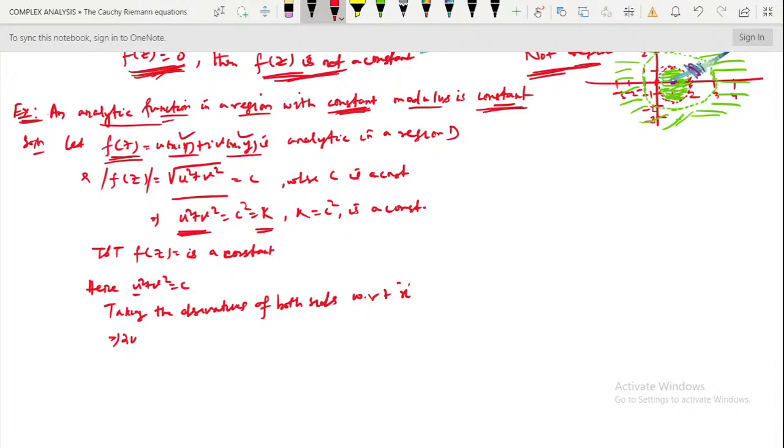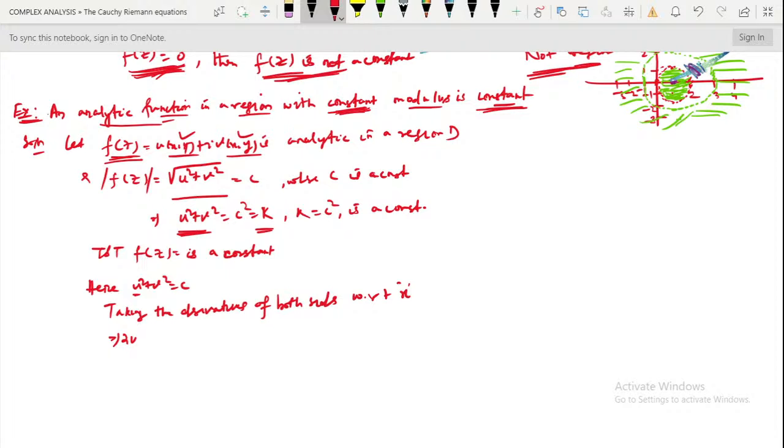So in place of vx, I will put minus uy. So this is u ux minus v times uy equals 0.